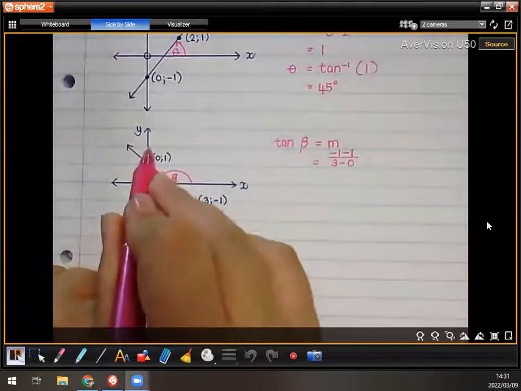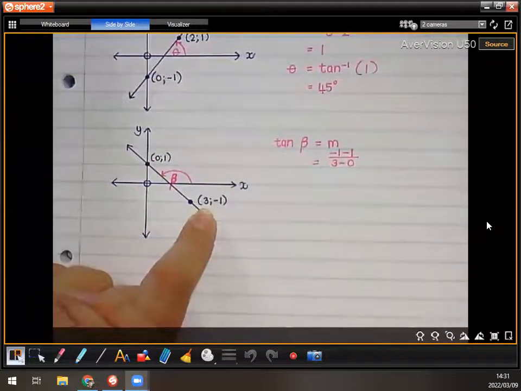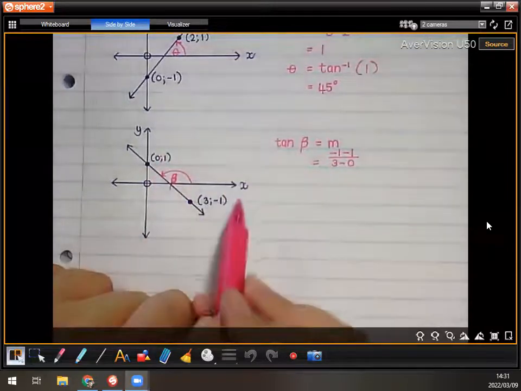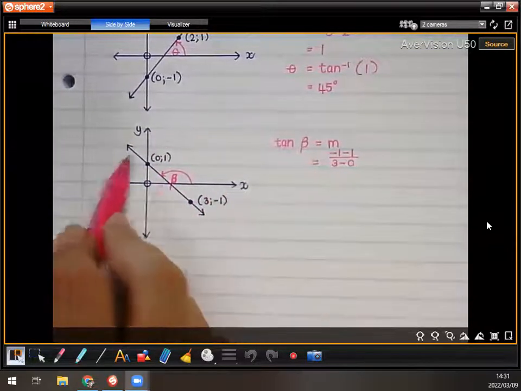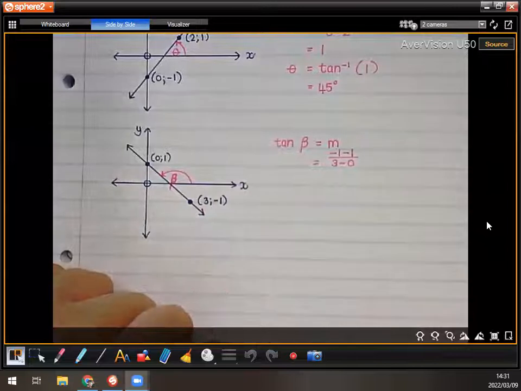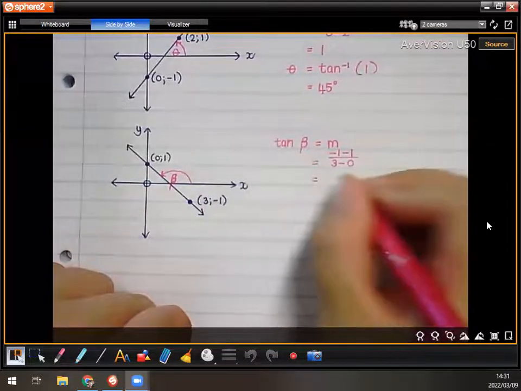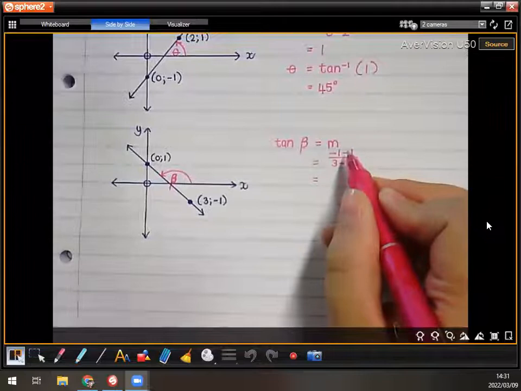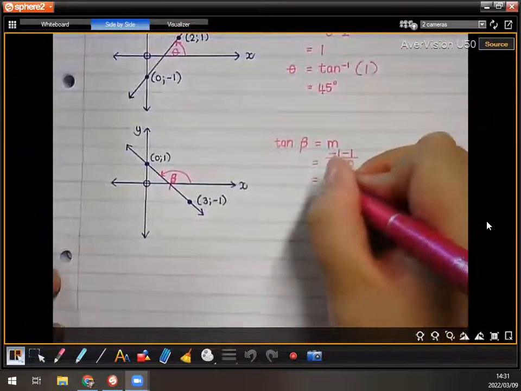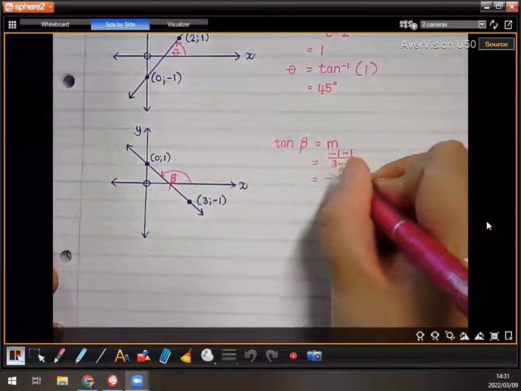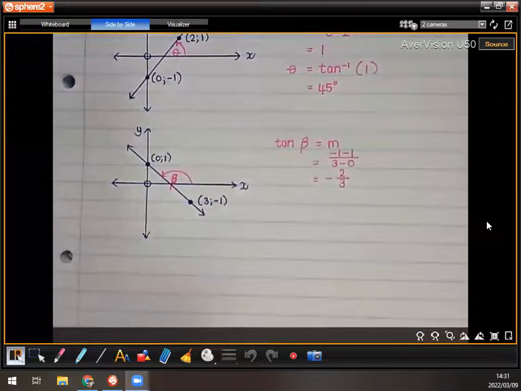This x value minus that x value. I could have put it the other way around, as I could have said 1 minus -1 and 0 minus 3, you'll get the same answer. What do I get here, guys? At the top I have -2, and at the bottom I have +3. So this gradient is -2 over 3.